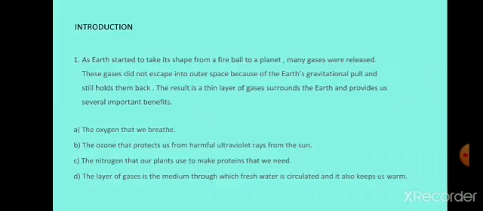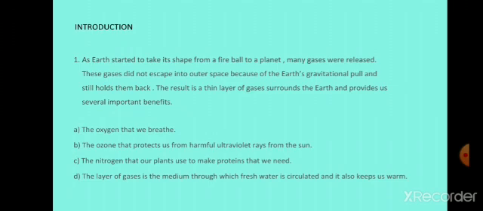Introduction. As Earth started to take its shape from a fireball to a planet, many gases were released. These gases did not escape into outer space because of the Earth's gravitational pull, which still holds them back. The result is a thin layer of gases that surrounds the Earth and provides us several important benefits.